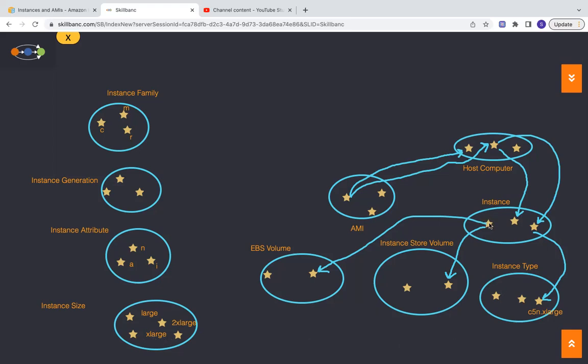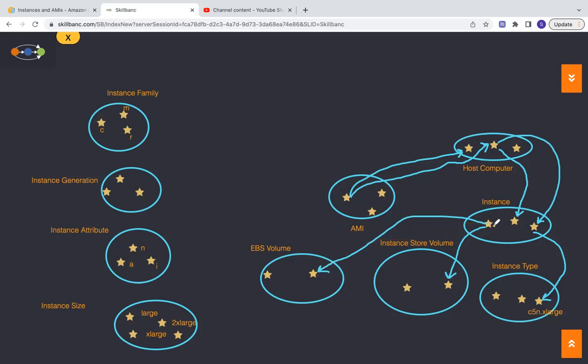Now every instance will have some storage, and you can set up the storage using two types of volumes. One is instance store volumes you can attach to this instance, and you can also attach EBS volumes.